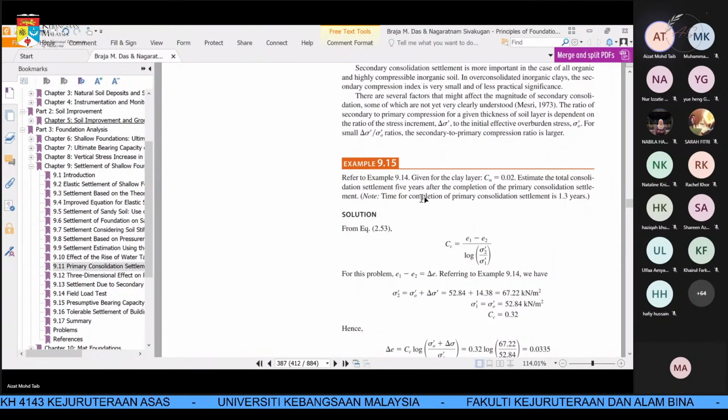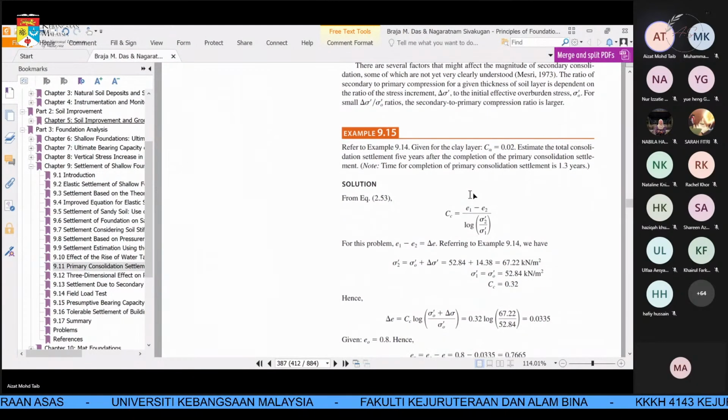In example 9.15, they ask, given the clay layer C alpha equals 0.02, estimate the total consolidation.